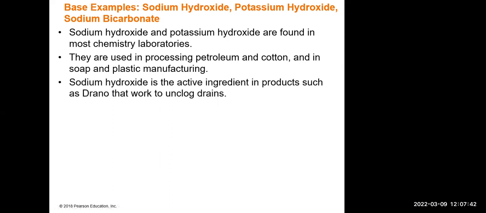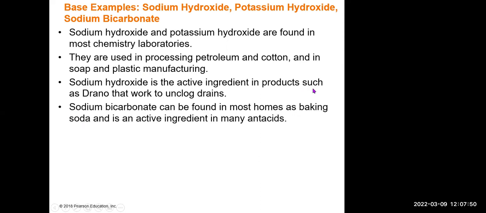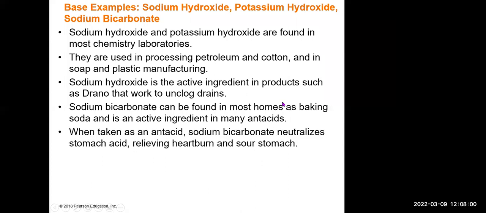Sodium hydroxide is the active ingredient in products such as Drano that work to unclog drains. Sodium bicarbonate can be found in most homes as baking soda and is an active ingredient in many antacids. When taken as an antacid, sodium bicarbonate neutralizes stomach acid, relieving heartburn and sour stomach.